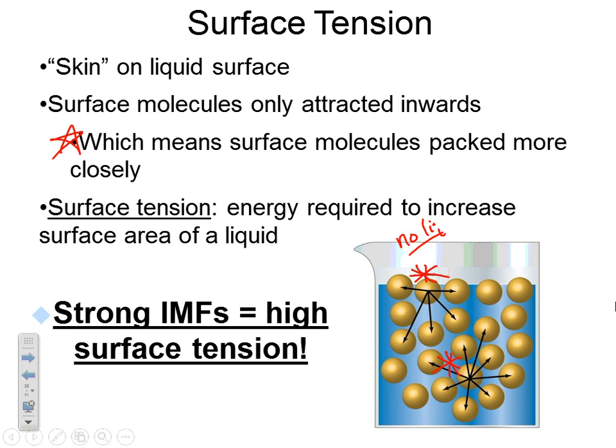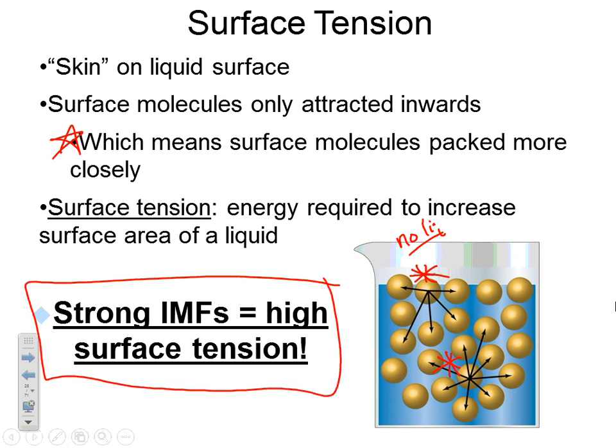So what we see, the big point, is that we have significantly higher surface tension for compounds that exhibit stronger intermolecular forces of attraction, which should make sense, right? The more these molecules are attracted to one another, the more energy you're going to have to put in in order to separate them. The more of a skin you're going to see, the more of a layer on the top of a sample of a liquid you're going to see, and that's our surface tension.